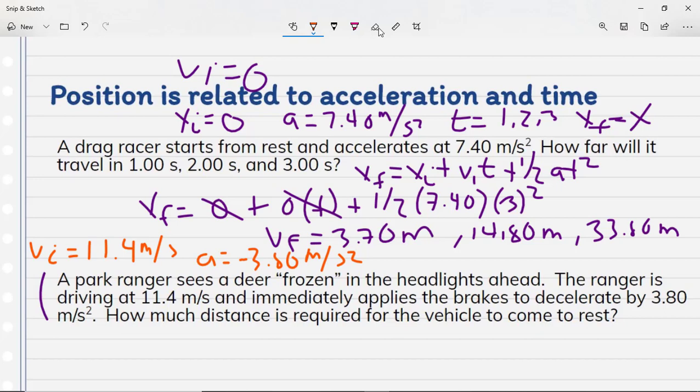So here, since I want to know distance, I'm going to use this equation, since my velocity ends, it's going to be 0. So we're going to just plug those numbers in and solve for delta x.